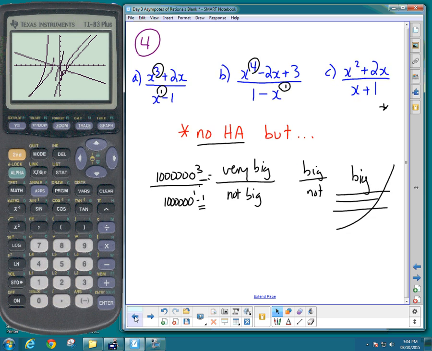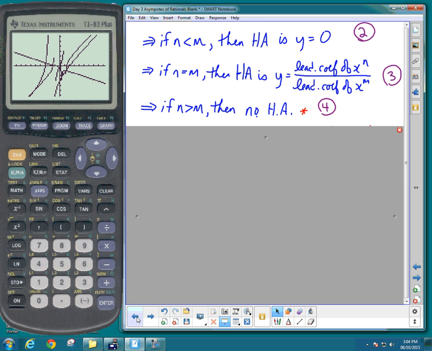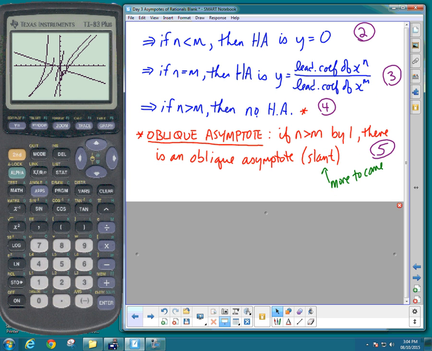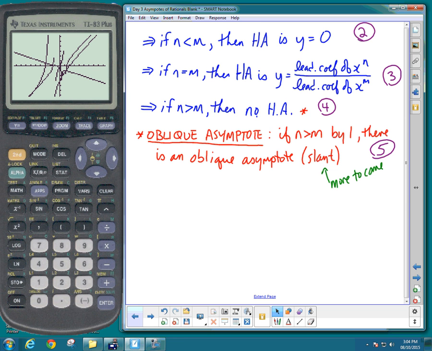We can just add it to our list here. If n is greater than m by 1, there is an oblique asymptote, or a slanted one, a diagonal one. Like I said, we're going to spend a full day just looking at those oblique asymptotes. So these are the three conditions that you check when you're checking for horizontal asymptotes, and you should be able to find those from there.